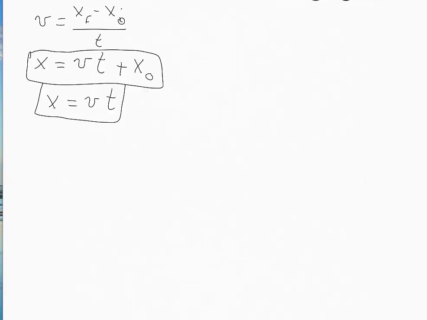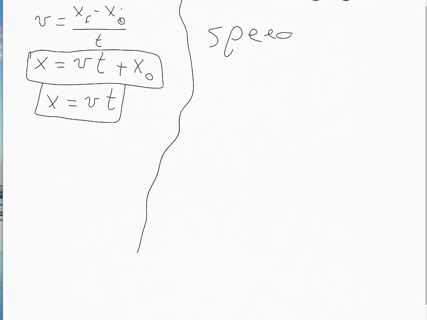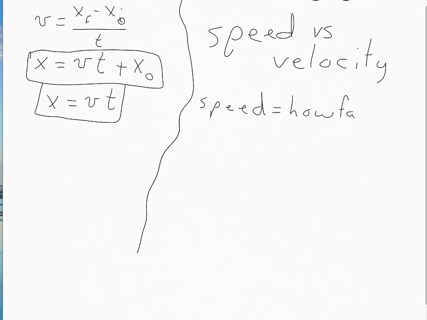So I'm pretty sure that you get this and it's pretty easy, but I want to do another one, and I want to make a distinction now between speed and velocity. So let's do that. We already know that speed is how fast we are going, or how fast an object is going.